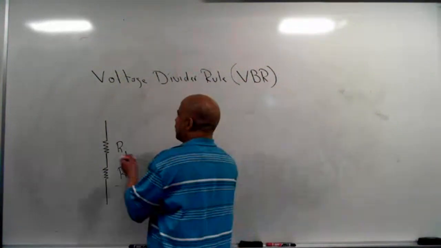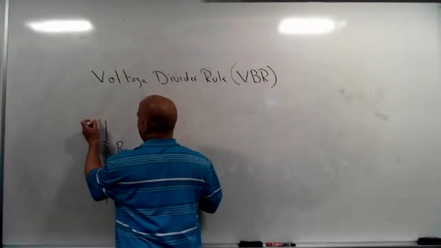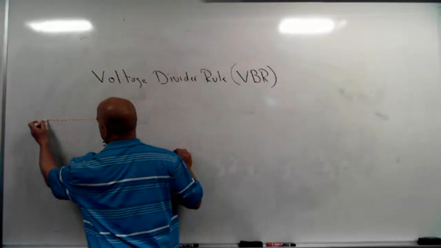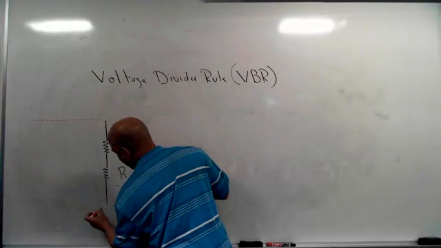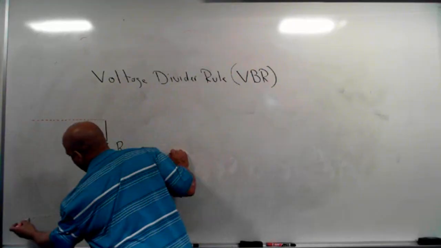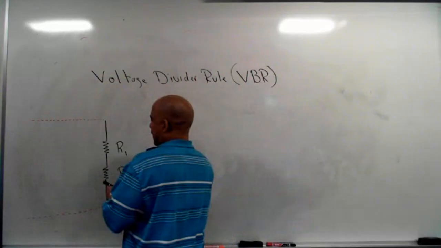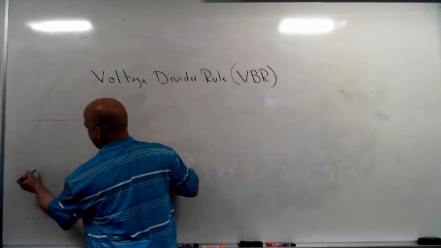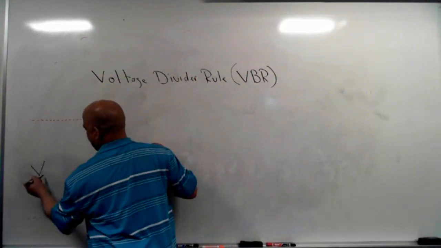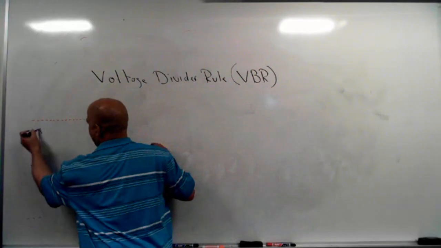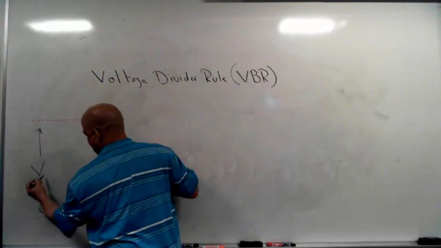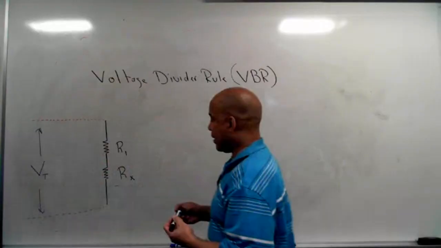Now, if I put a voltage across here, let's say I put a voltage from this point to this point. If I put a voltage across that circuit, that would be my total voltage. I measure from there to there, that's my total voltage. I call that VT.